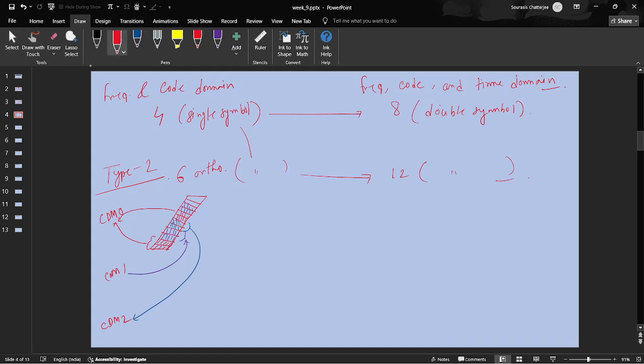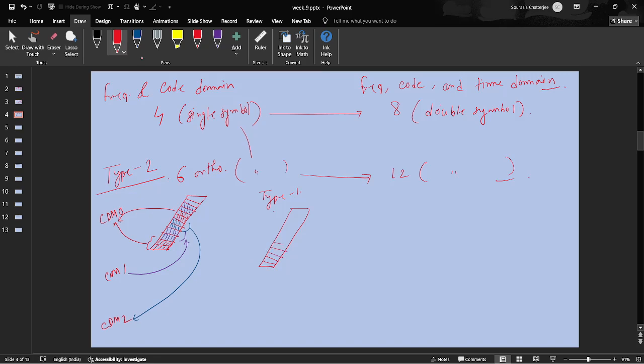So now side by side I will try to draw for type 1 just for comparison. For type 1 we have seen, let's speak for any CDM group, we consider two groups, CDM0 and 1. Let's talk about CDM0 only. So there we have seen it's transmitting only from even subcarriers, right?